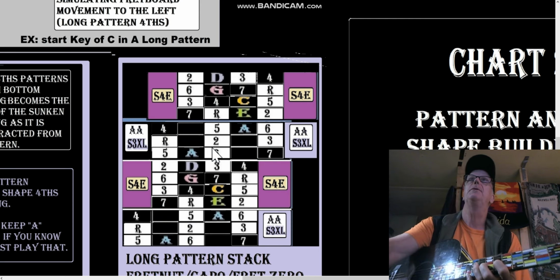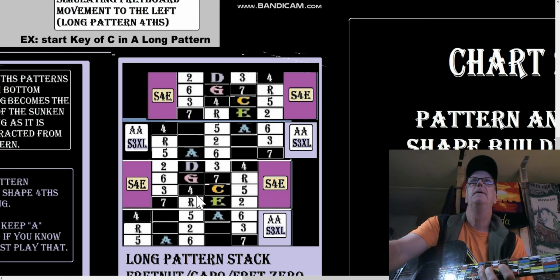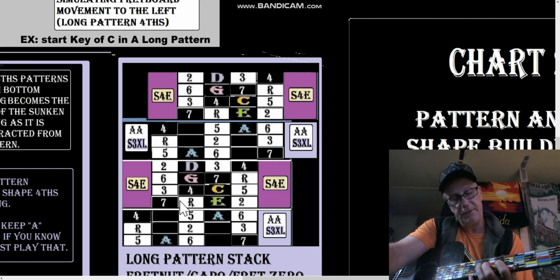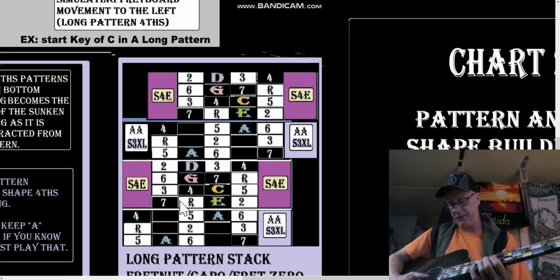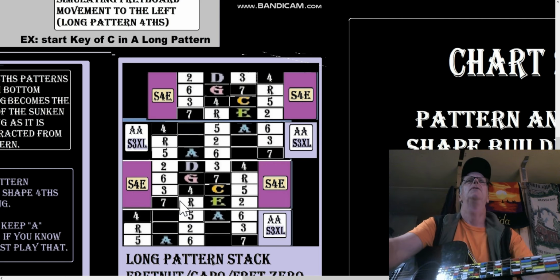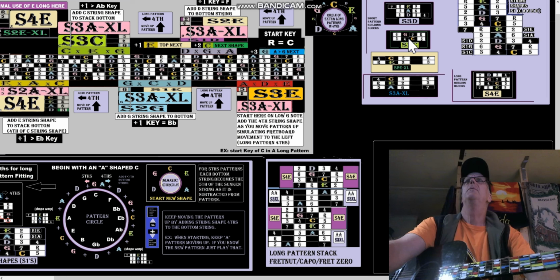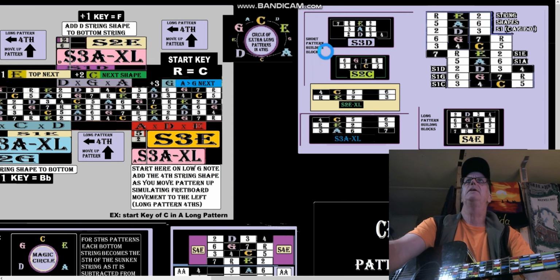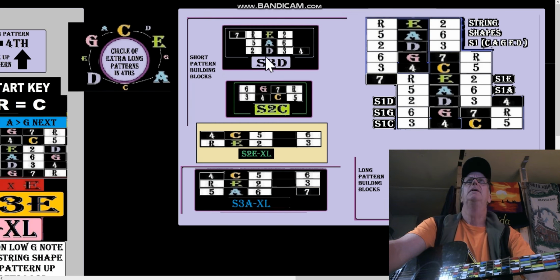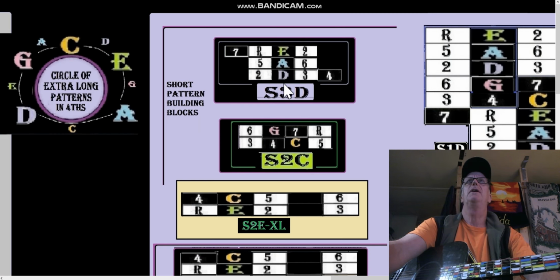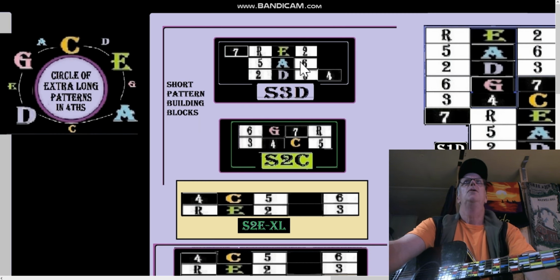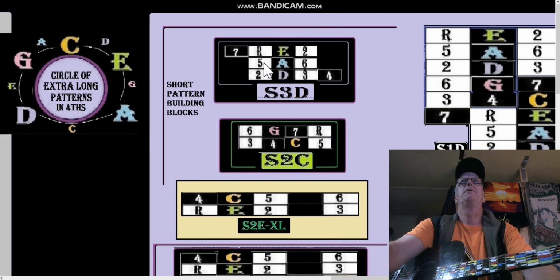Then we go into an S4E shape fitting that 7. How do you shape fit that 7 real good? I'll show you an easy way. I'm going to zoom in on this. Luckily, in this view, if you put the cursor on something, it zooms in on it. So let's say we're finishing the pattern with the 5-6 there, right?